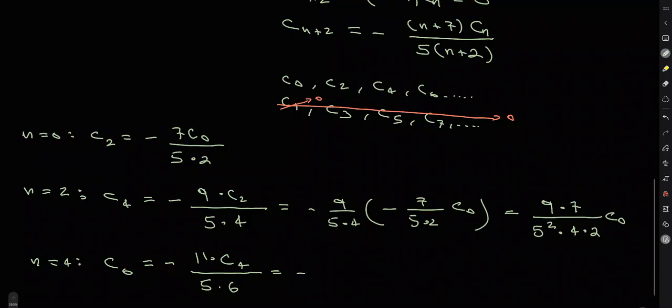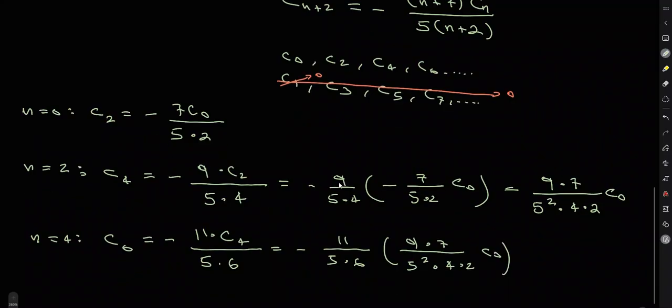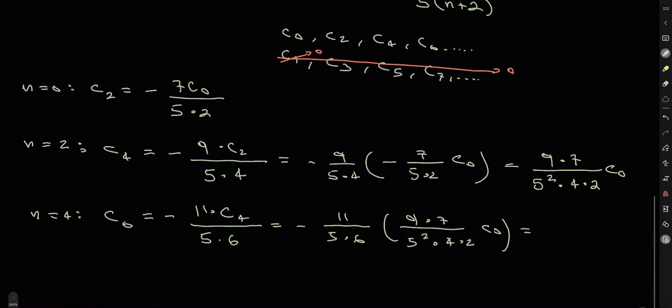That is negative 11 over 5 times 6 times 9 times 7 divided by 5 squared times 4 times 2, c sub 0, which is equal to 11 times 9 times 7 divided by 5 cubed in this case, because it's 5 times 5 squared, that's 5 cubed, all right?